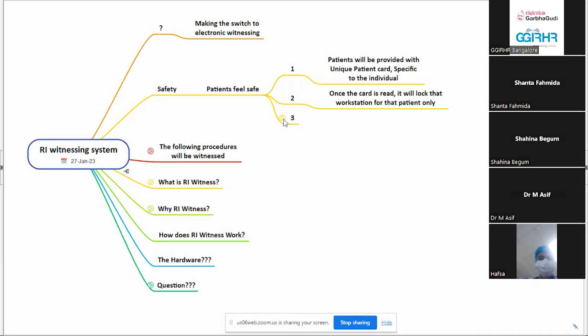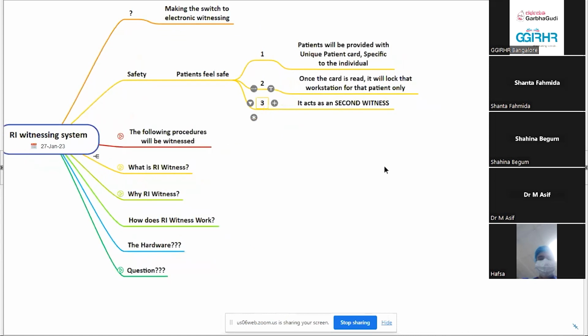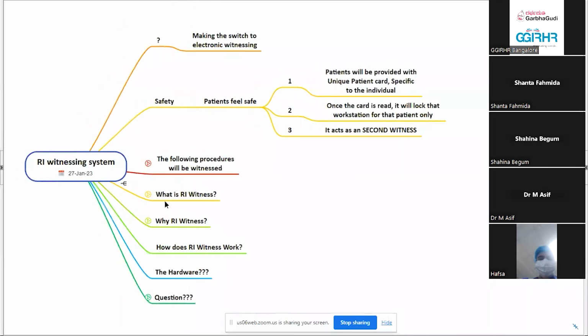And thirdly, usually we need one witness, a junior or senior embryologist, while we are processing the sample. Whereas when we have this RI witnessing system, we don't need a second witness. The RI witness itself can witness us properly when we are doing the procedure.